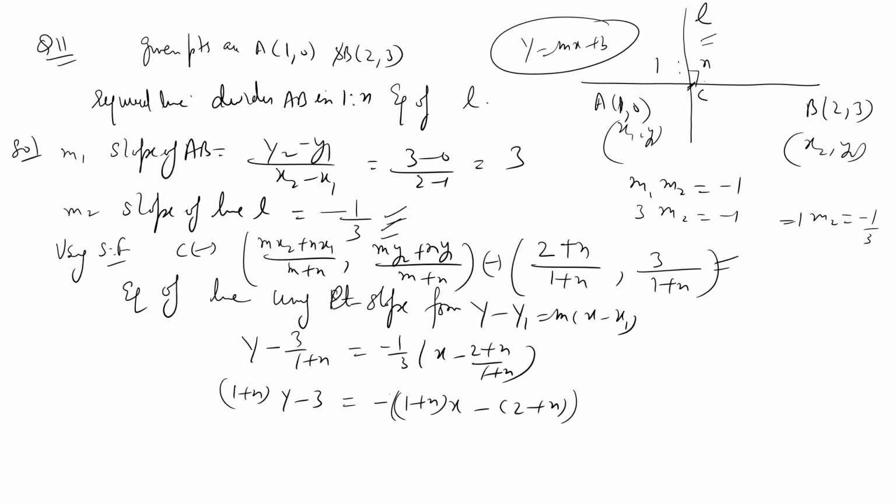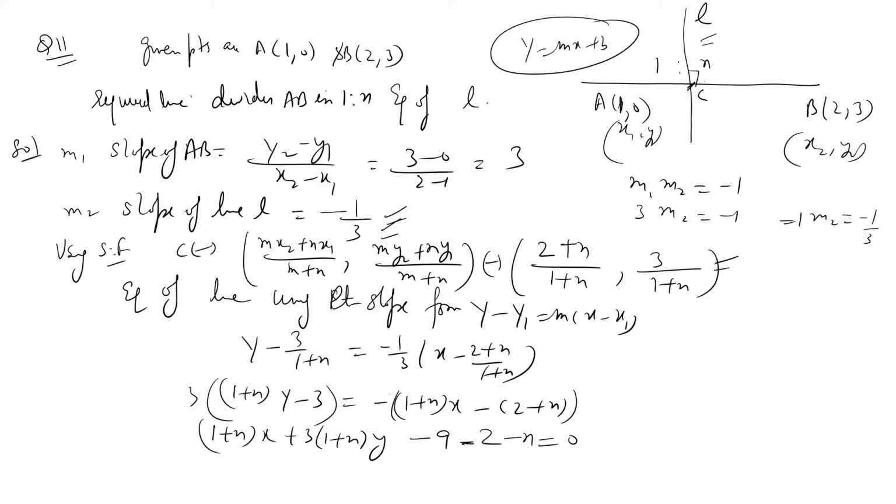Okay, so this, and I think it will be multiplied with 3 itself. And the denominator 1 plus n is cancelled. So 1 plus n times x plus 3 times 1 plus n times y minus 9 plus this, and to the other side it will go, minus 2, and that is say minus n equal to 0.